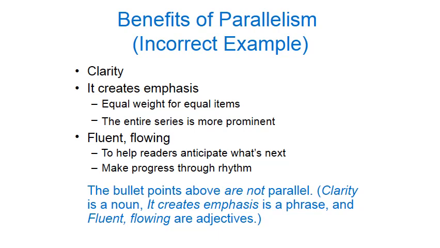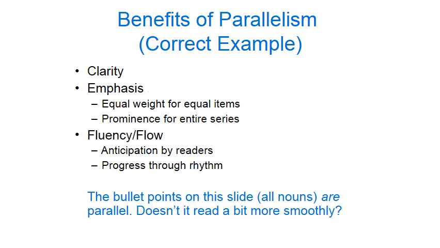The bullet points above are not parallel. Clarity is a noun. It creates emphasis is a phrase, and fluent flowing are adjectives. So these are not parallel items. The sentence I spoke, she likes cooking, jogging, and reading, is an example of a parallel sentence. Now the correct example is benefits of parallelism: clarity, emphasis, fluency, and flow.